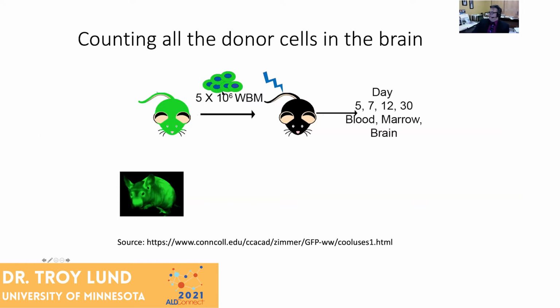We often use the bone marrow cells from that mouse and place them into an irradiated wild type mouse, let the mouse engraft, and then we analyze the brain or the blood or the marrow sometime after transplant. In this case, it's 5 to 30 days, trying to get an idea about timing of brain engraftment. So we're going to keep talking about the same model over and over again with different twists.